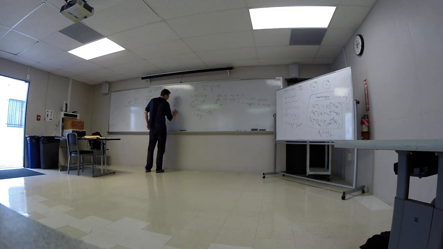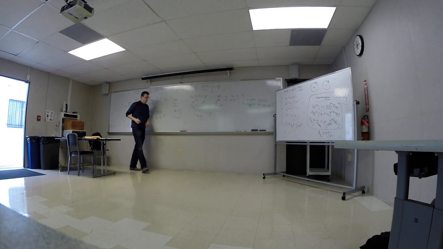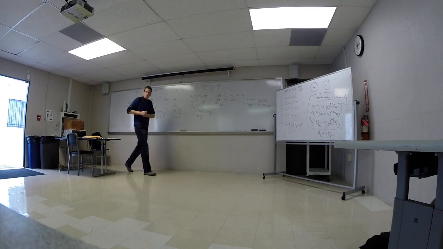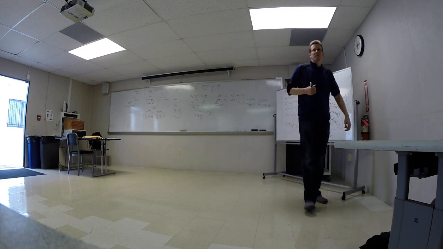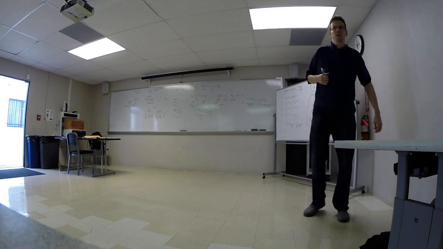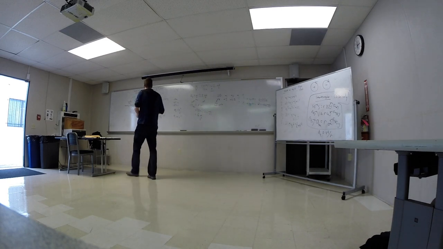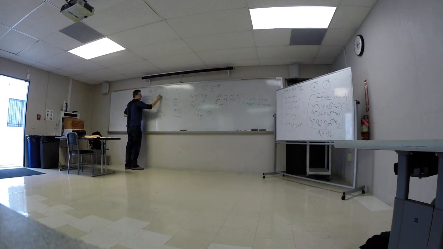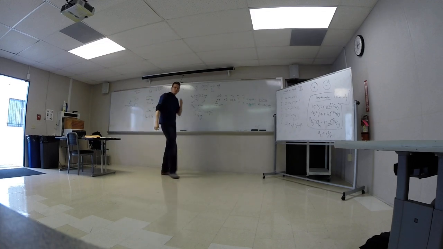So A centripetal equals v squared over r. You can see there's a strong dependence between how fast you're going and how much acceleration you need. If you're going faster, you need a lot more. If you're going slower, you need a lot less. So if I sketch this into the diagram, it kind of looks like this. A centripetal is very big at first and much smaller later. You're going slower, you need less of it.